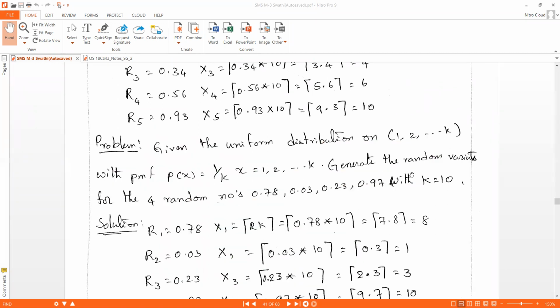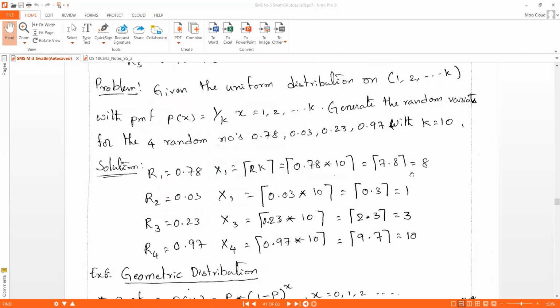We'll solve another problem using the same thing, random variant only. Here, the given uniform distribution has values 1, 2, 3 until k, with PMF P of x equal to 1 by k, when x equals 1, 2, 3, 4 until k. Generate the random variants for 4 random numbers.